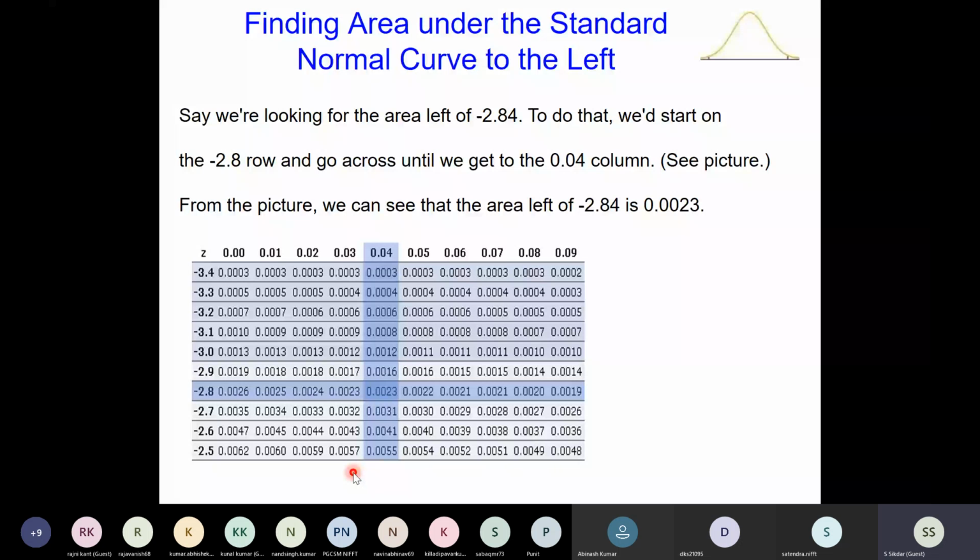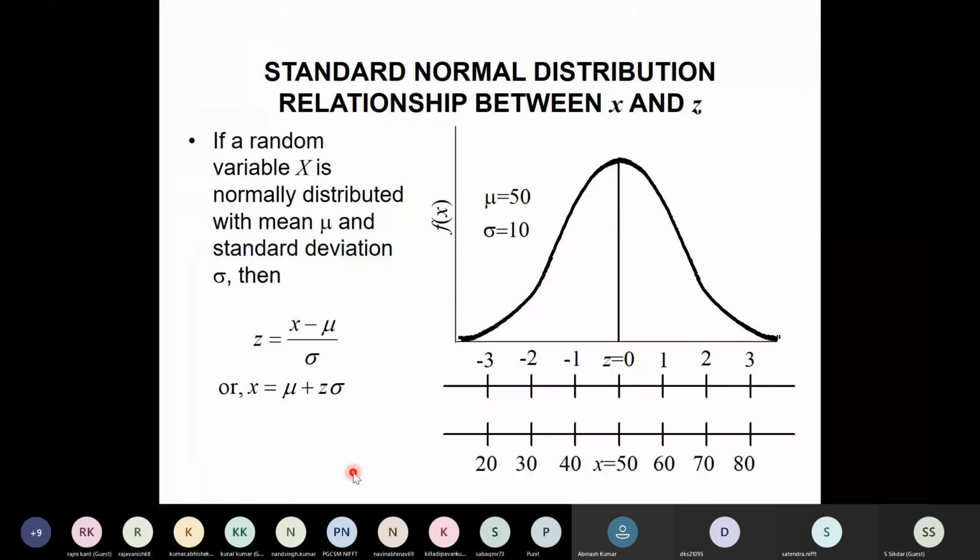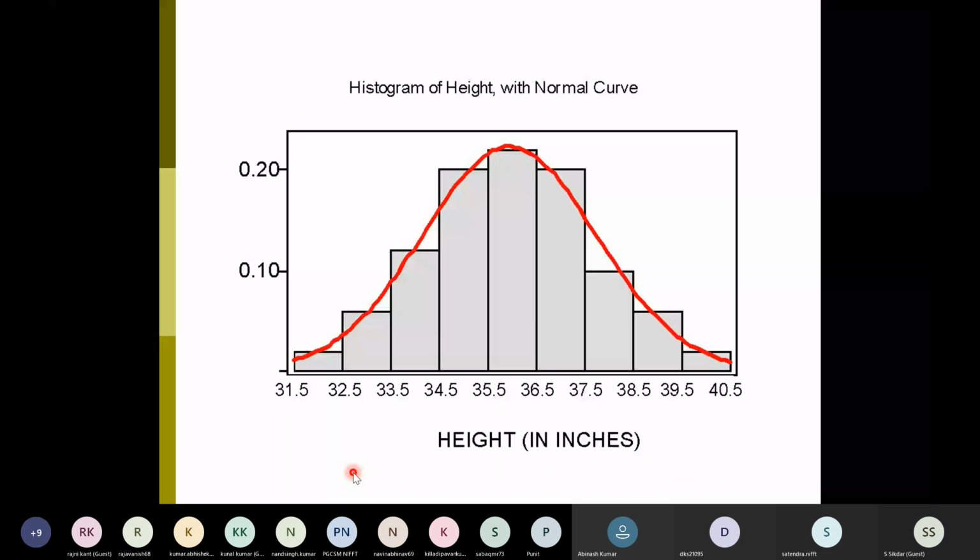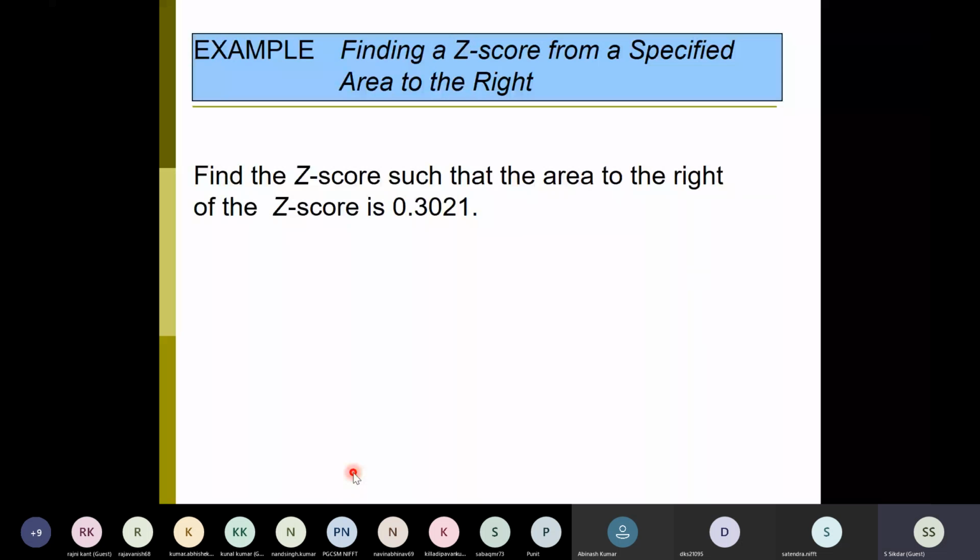Here also you have to search from the table, and you will get the value of z as 0.52. So basically, it is nothing but playing with the table.